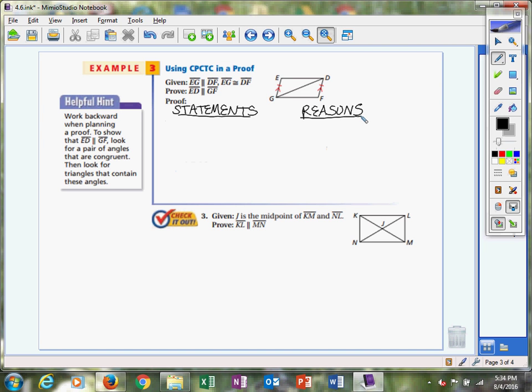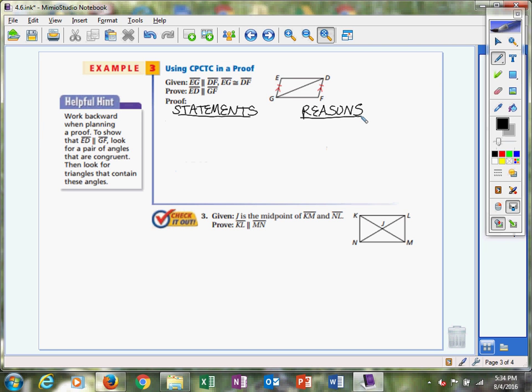What would I need to know if those two lines are parallel, and treat the DG segment like a transversal that's cutting across DE and GF. It would be very helpful to know if the alternate interior angles were equal.